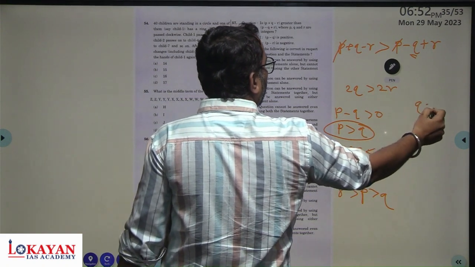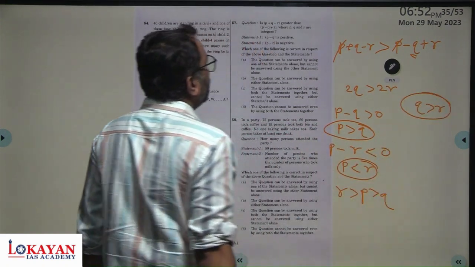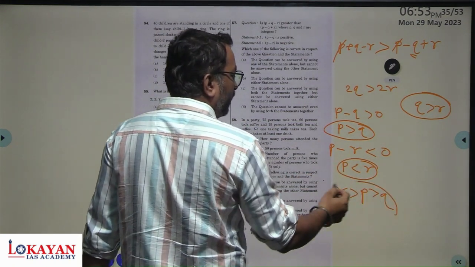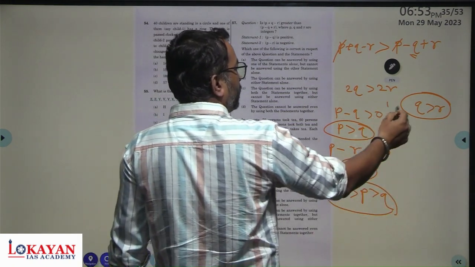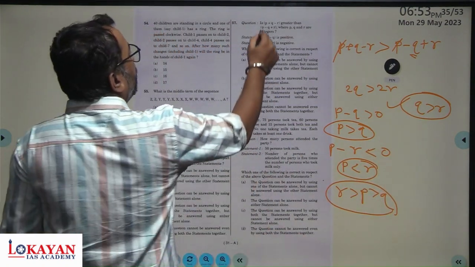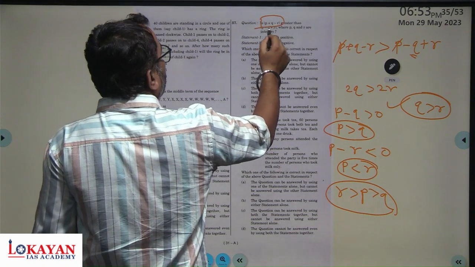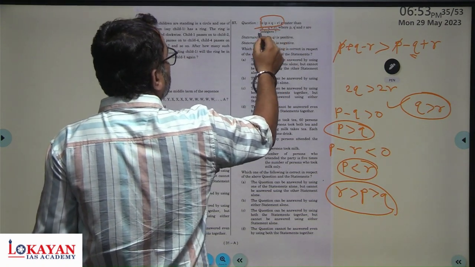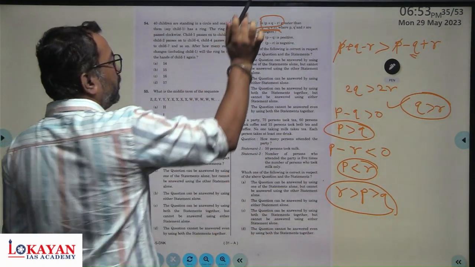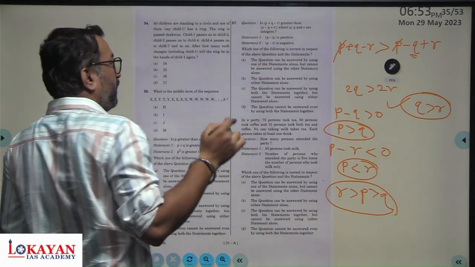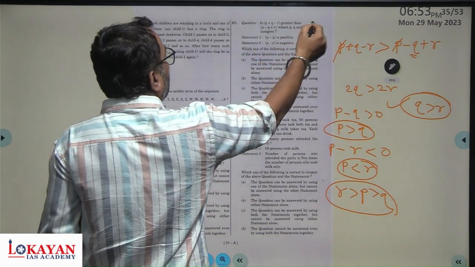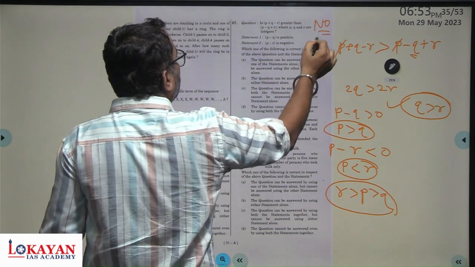That means Q became greater than R. But our statement says that Q is less than R, and the question is giving me Q is greater than R. So the first expression is not greater than the second expression, but it is giving me the answer. Because what is the question? Is P plus Q minus R greater than P minus Q plus R, where P, Q, R are integers? So there is an answer: no, it is not.